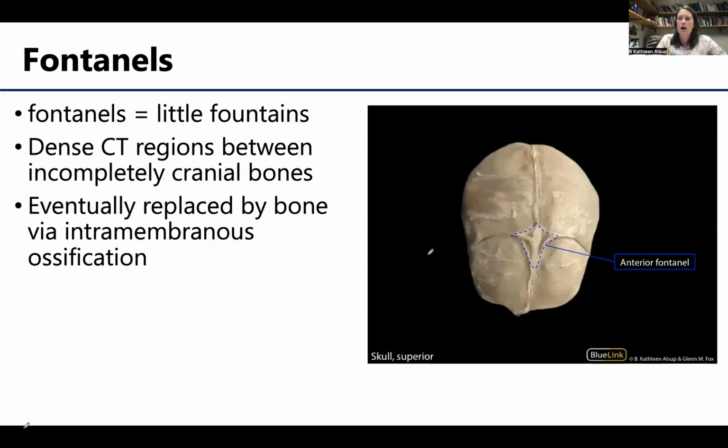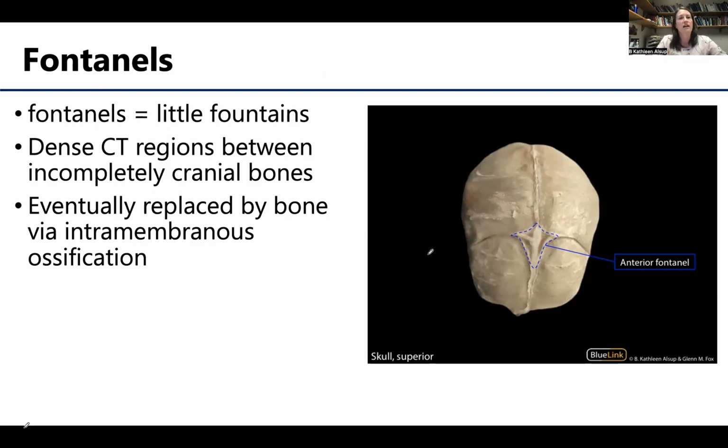Now, one thing I want to make a note of is that in juvenile skulls, particularly very young individuals, you can have what are referred to as fontanelles, colloquially referred to as soft spots.